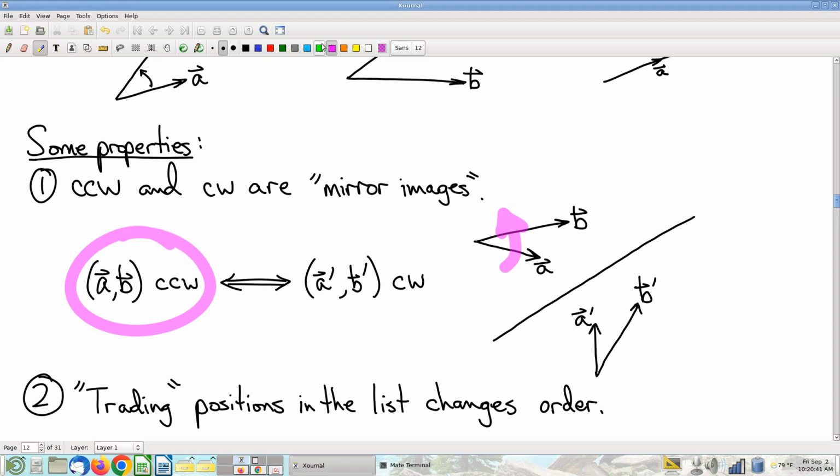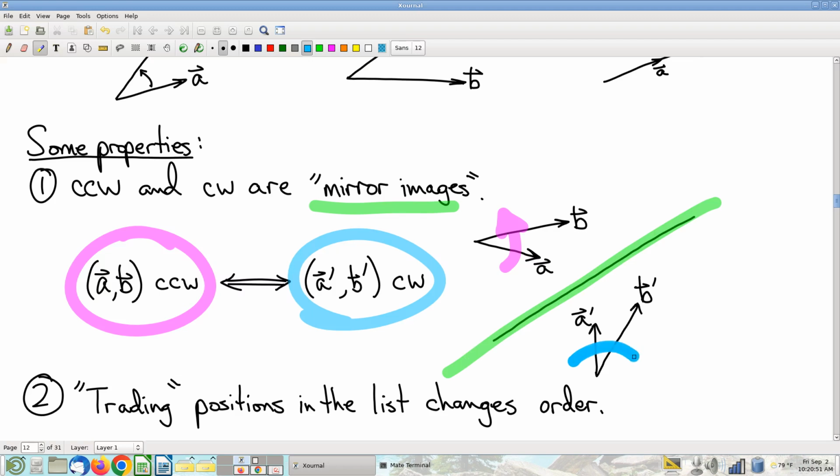Right? If you take a mirror image, if you reflect over a line, well, the resulting pair, A prime, B prime, is clockwise. Right? So this is what I mean when I say clockwise and counterclockwise are mirror images of each other. So pretty believable.